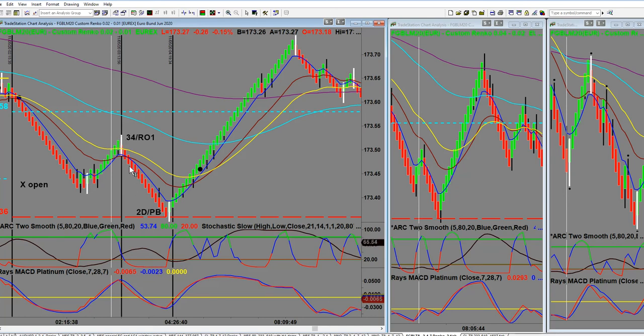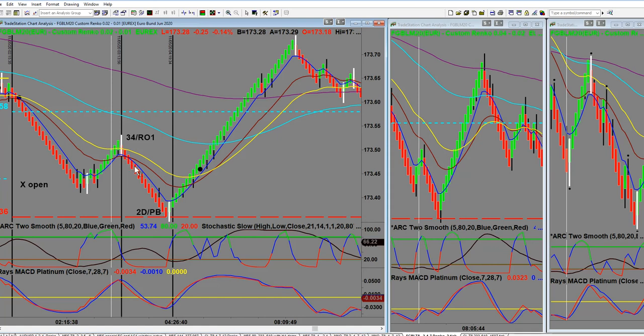If I got in here, I go 1, 2, 3, it works out to be 8 ticks, if I put my stop loss 1 tick above on a sell stop. If I enter using a rule of one, that is on the close of the first reversal candle, I would have a 6-tick stop. So you can get in there as a 34B using a rule of one, or waiting for the super scalper.